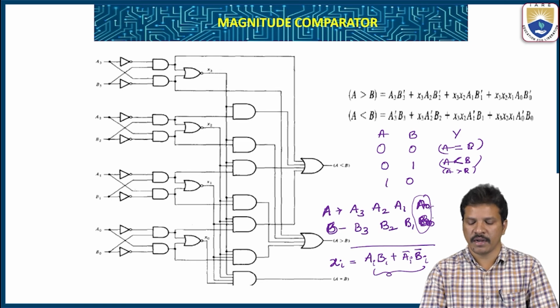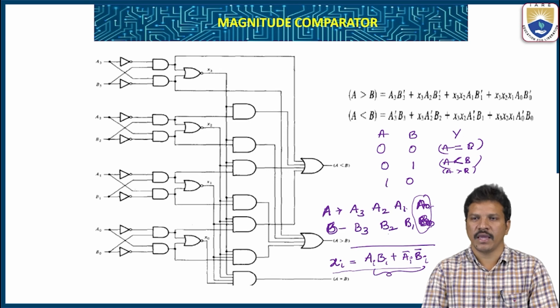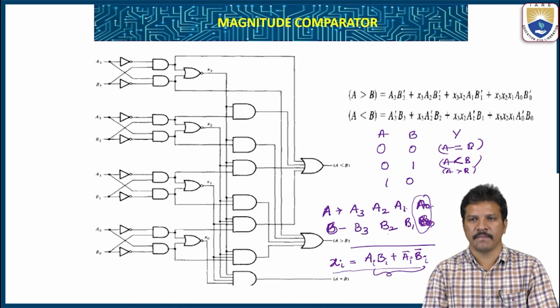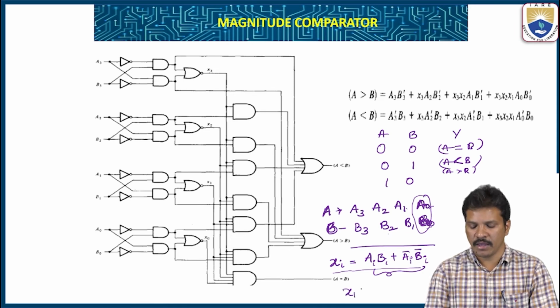So A0 B0 connected with XNOR, A1 B1 connected with a two input XNOR, A2 B2, A3 B3. Generally we can consider Xi is equal to Ai Bi plus A bar i B bar i. If for all i equal to 0, 1, 2, 3 our bits are the same, then Xi will be 1.